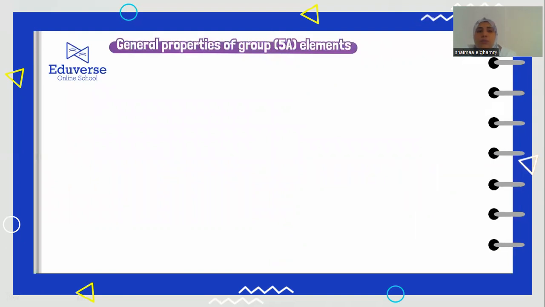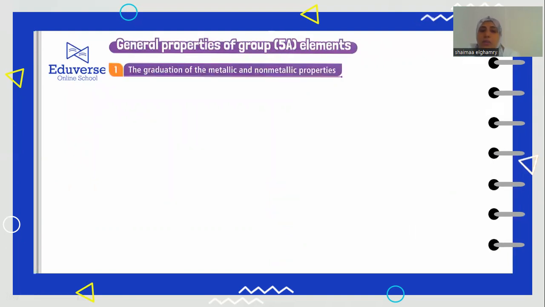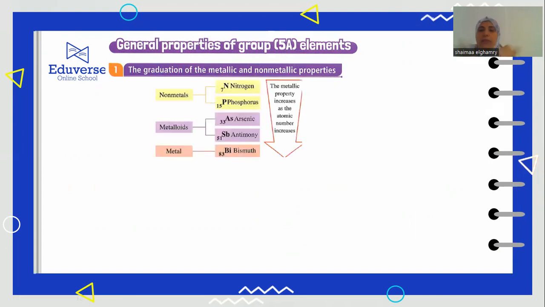General properties of group 5A: the gradation of metallic and non-metallic property. In this group, we can find 2 nonmetals, which are nitrogen and phosphorus, 2 metalloids, which are arsenic and antimony, and 1 metal, which is bismuth.